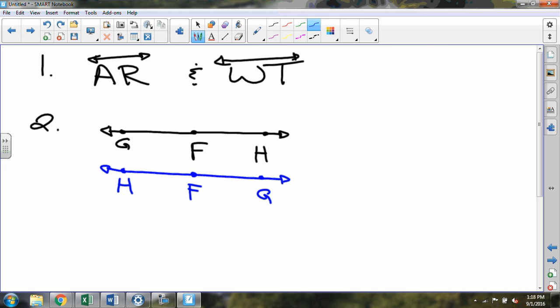Where we would encounter a problem, if we messed it up and put it like this, would not work, because then we don't have the ray FH. It would start at the endpoint, go past F, and we know that those are not the same thing. F did need to be the middle point, but it doesn't matter where the G or the H were.